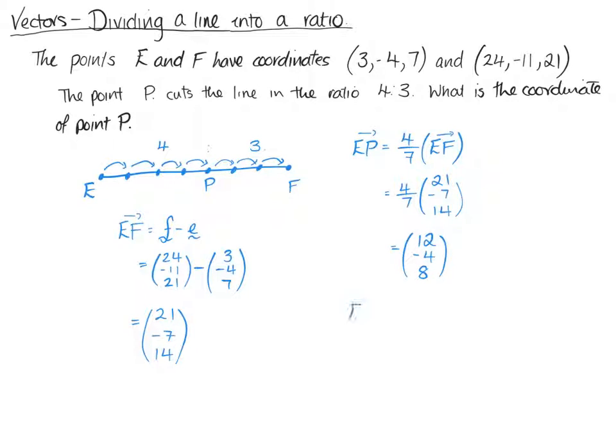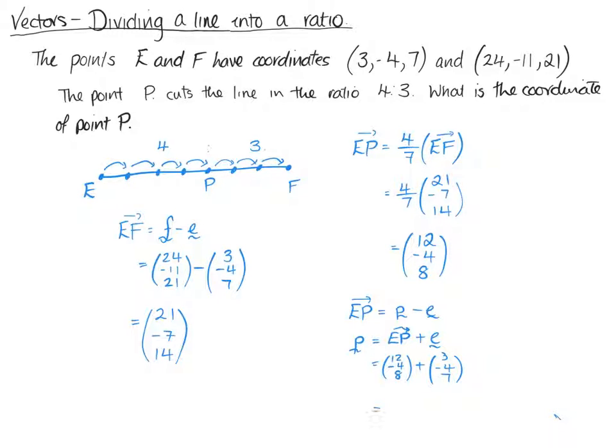So we know that E to P can also be written as P take away E, or if we want P on its own, it's E to P plus E. So we've got 12, minus 4, 8, plus E, which was the first point, so that is 3, minus 4, 7.